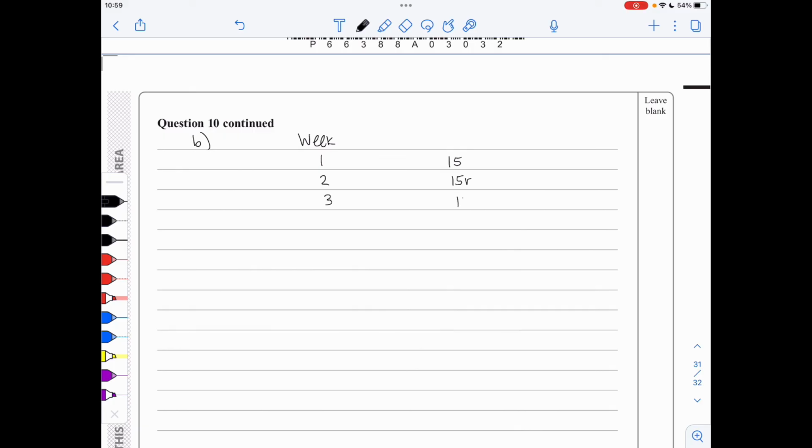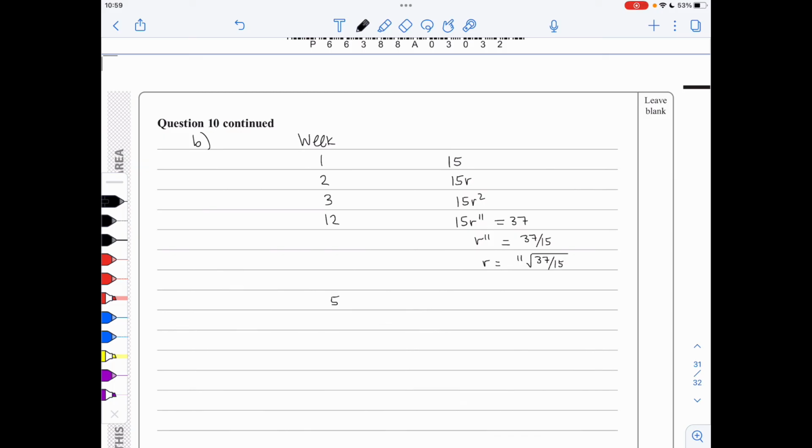Week 3 is 15R squared. And therefore, in week 12, it's gonna be 15R to the power of 11. This is equal to 37. So R to the 11 is 37 over 15, which means that R is the 11th root of 37 over 15. And this will allow me to find the distance covered in week 5.